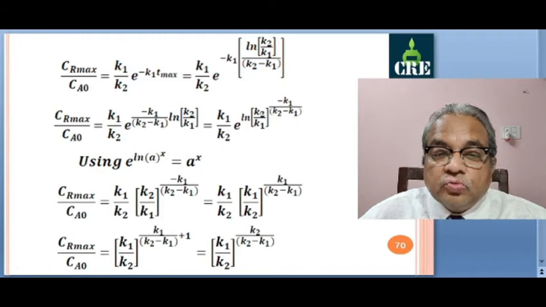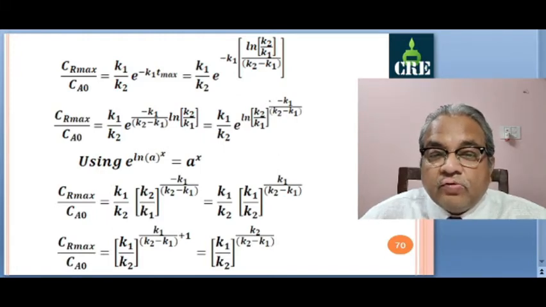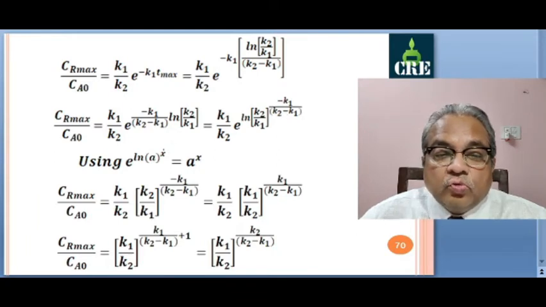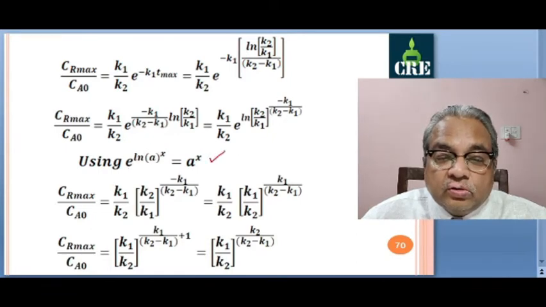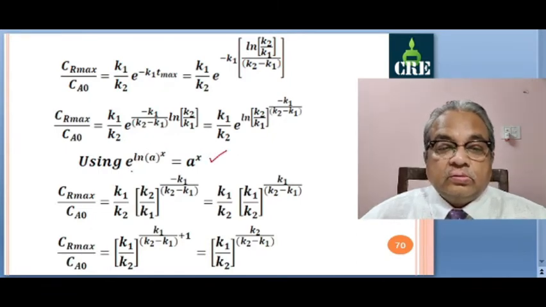So e raised to ln of k2 by k1, and this k2 by k1 raised to minus k1 upon k2 minus k1. So we have e raised to ln of a raised to x form. So exponential and logarithm cancel out, and simply you get a raised to x.